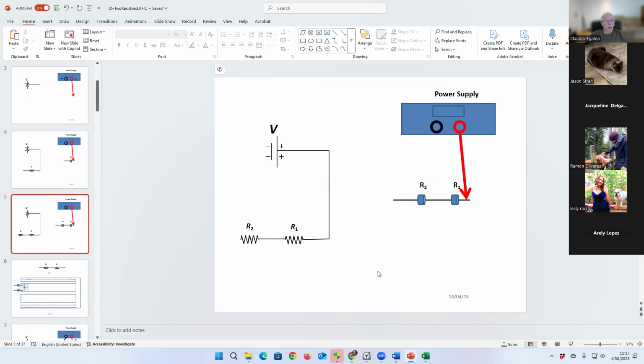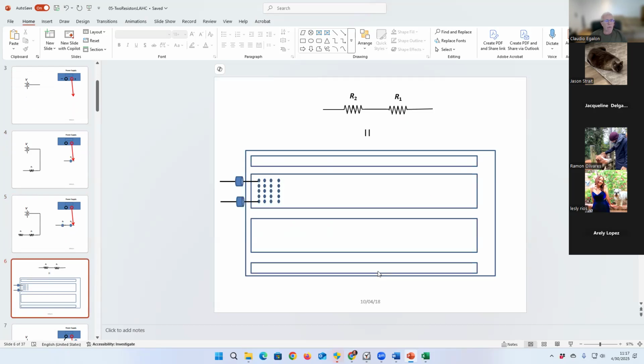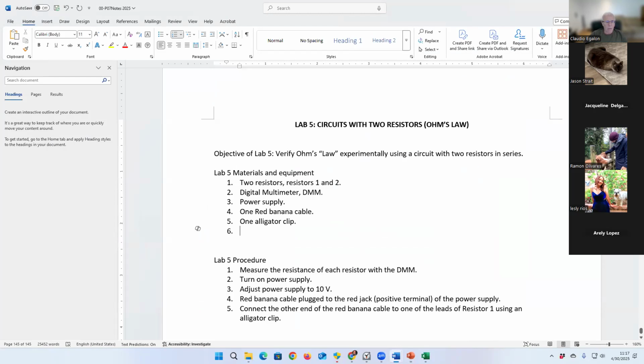Next, we are going to connect a second resistor in series with the first resistor, using a prototype board right in here. One is resistor 1, the other one is resistor 2. So we're going to need a prototype board.